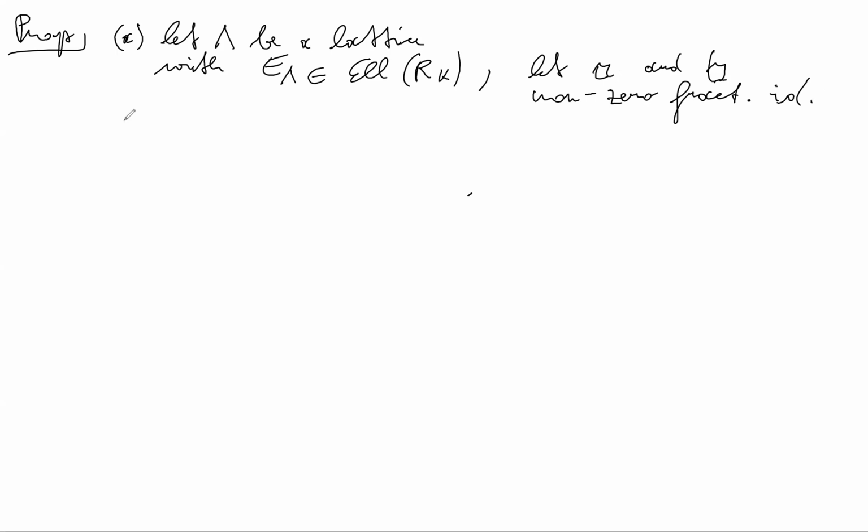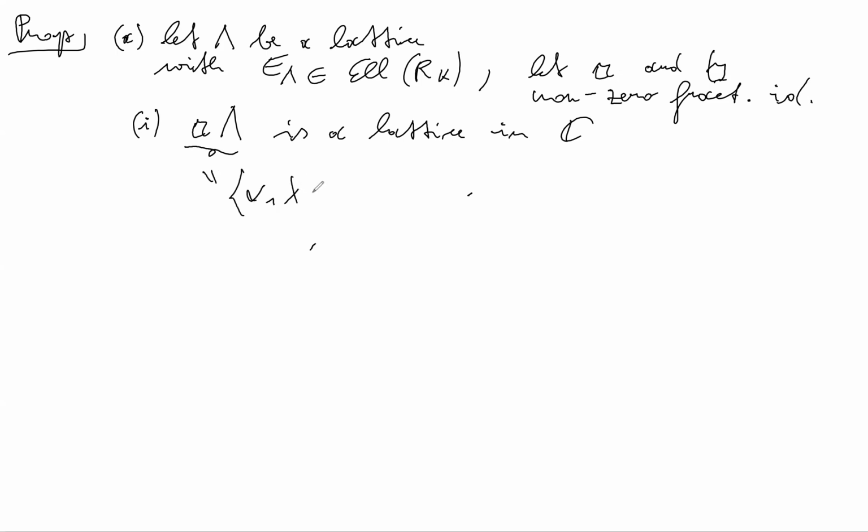And then the following. So first of all, as we said, A lambda is like this. And what do I mean by A lambda? For this, I just consider all linear combinations.